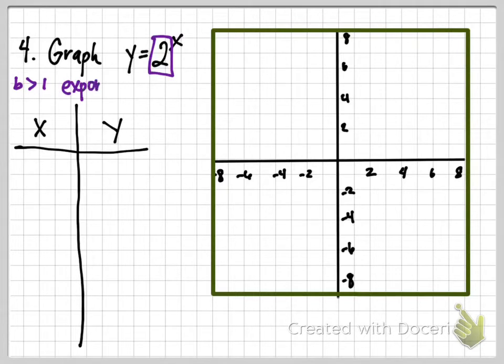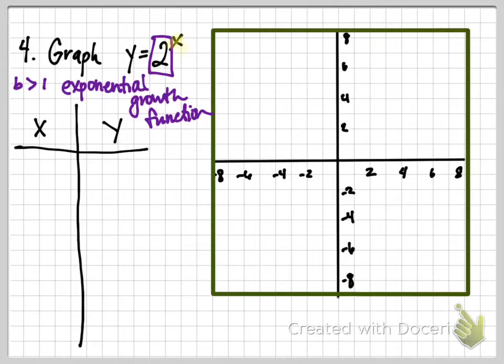You may be asked that. Exponential growth function. So the easiest way for me to tell you how to graph these is basically to plot points. So you're going to be plugging in x values, and you're going to be plotting points.